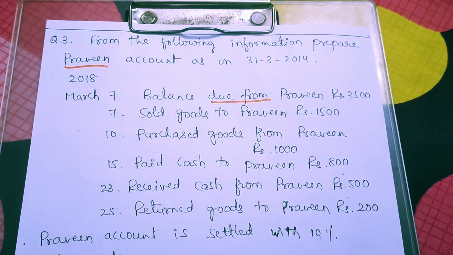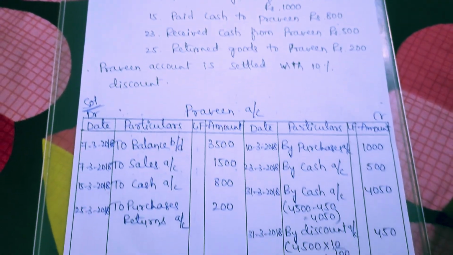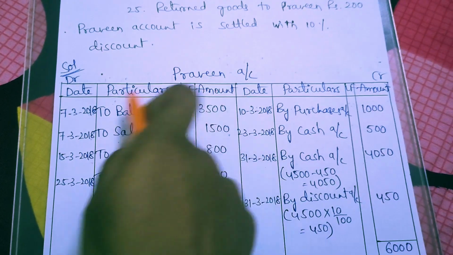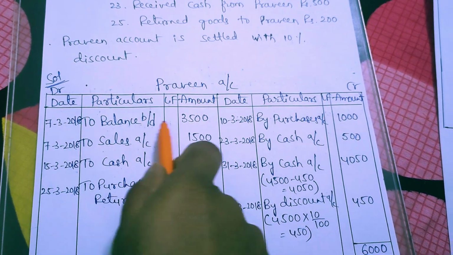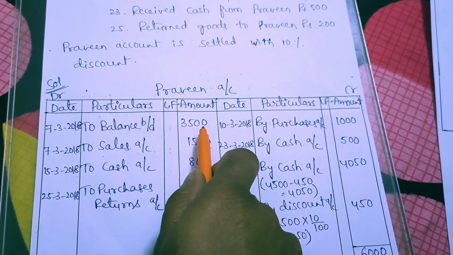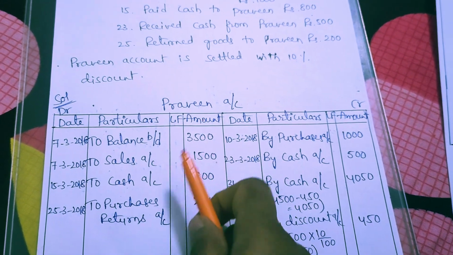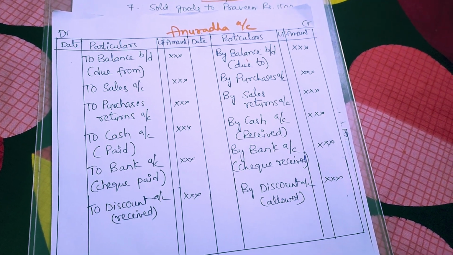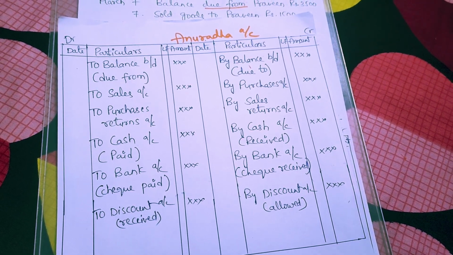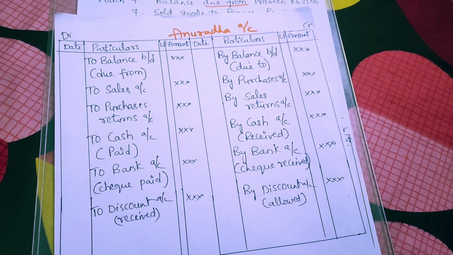Date is 7th March. So on the debit side, 7-3-2018, to balance brought down 3,500, I recorded. Okay, so I followed the format I have given. Without taking journal entries into account, in a simple way we are going to post it into this ledger.